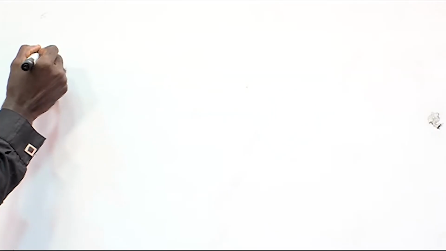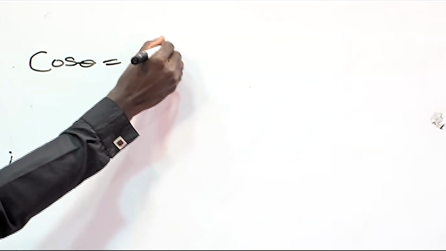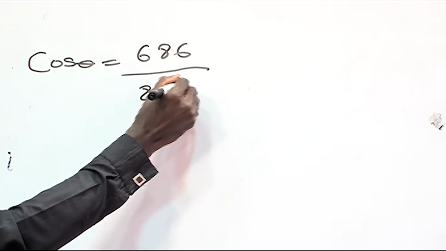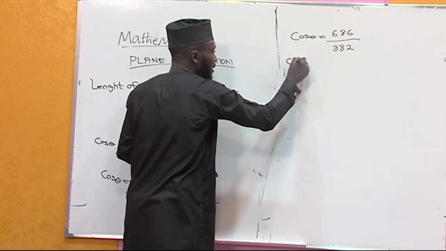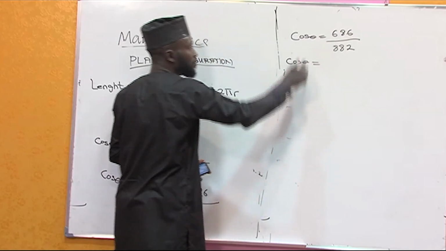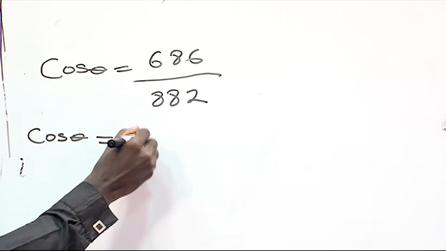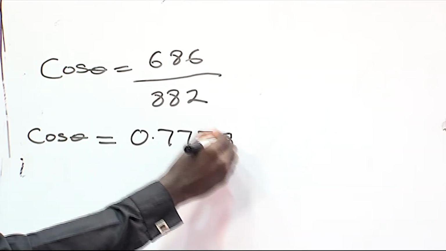So my cos theta is equal to 686 over 882. Then cos theta, 686 divided by 882, I will have 0.7778.